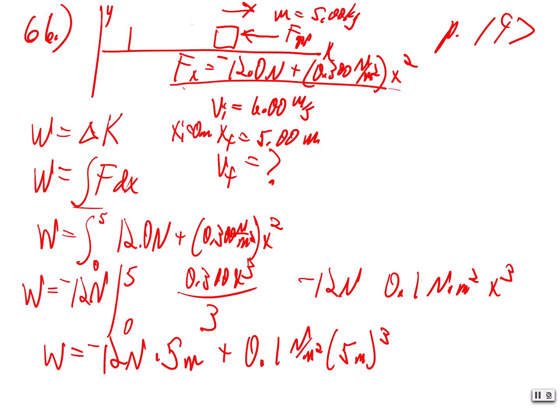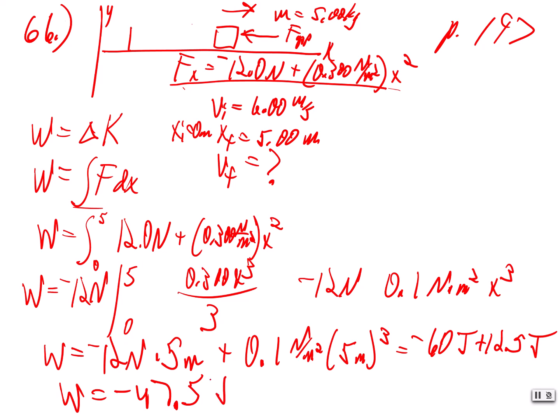And what we wind up with is negative 60 joules, plus 12.5 joules, and we get a work of negative 47.5 joules, okay?